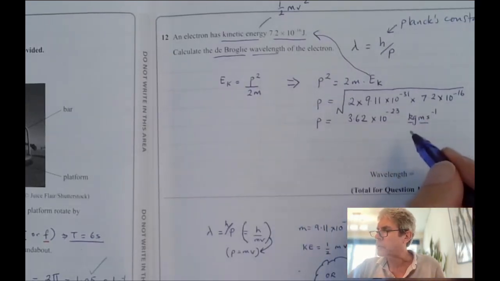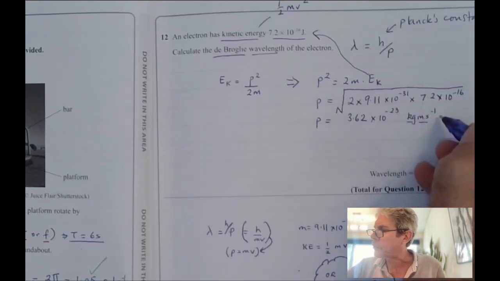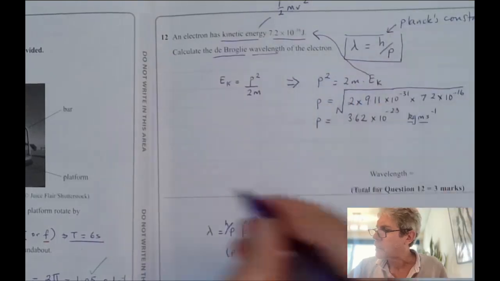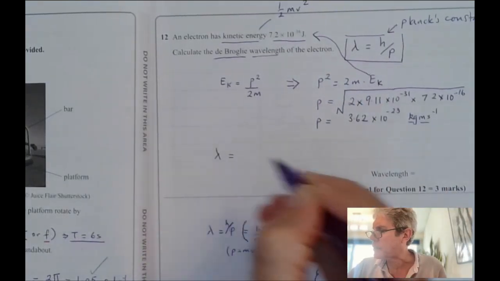Once we know the momentum, we can then use this value to put it into the equation for de Broglie. So all we want to do is work out the wavelength. So we put in lambda.